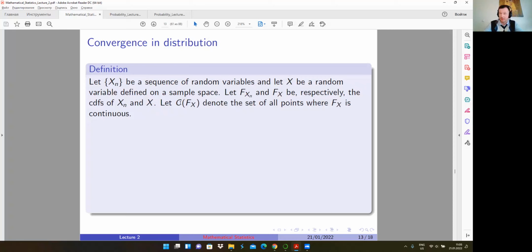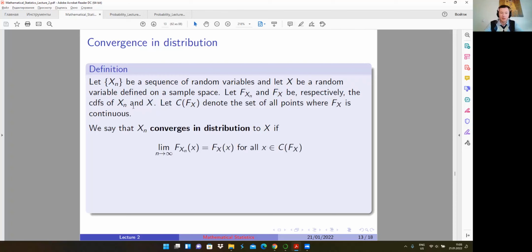And of course, we want this to be continuous. So this is going to be the set C(F_X), the set of points of continuity of this CDF. This is just a technical thing. For our course, we will not consider situations when there is not a continuous distribution.